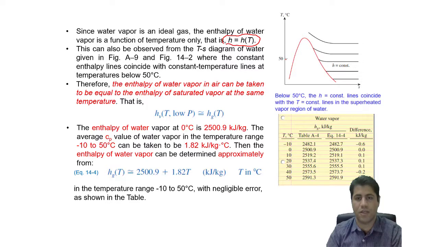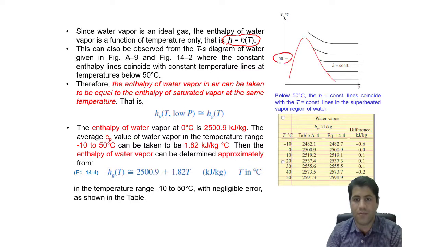You can see, in this h-s diagram, these lines are for constant enthalpy, and this line is how enthalpy changes.